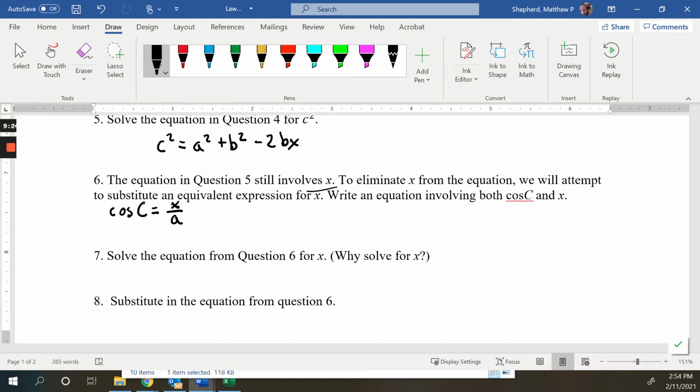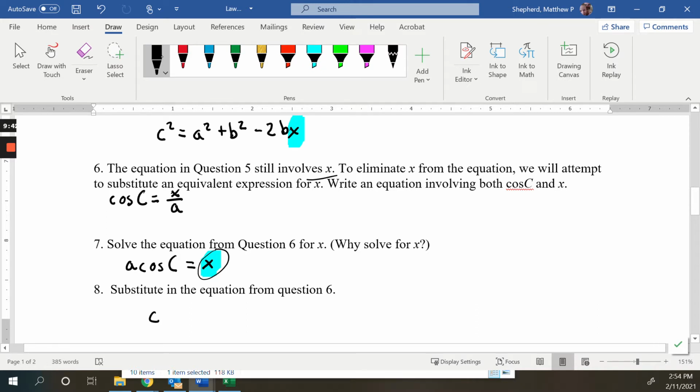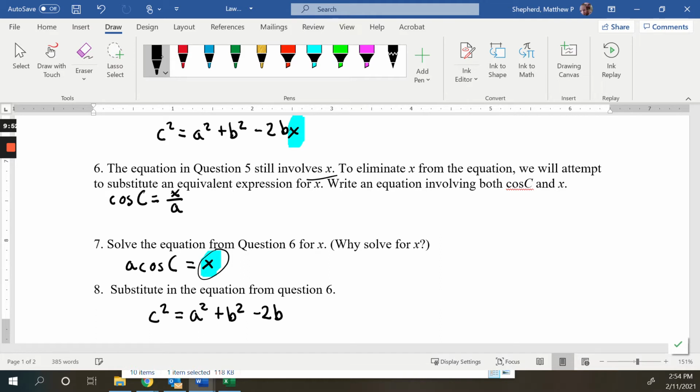So by multiplying both sides by a, we'd have a cosine of c is equal to x. Now that we've got this value for x, we can replace it with that x from 5, thus creating c squared is equal to a squared plus b squared minus 2b, rather than x, a cosine of c.